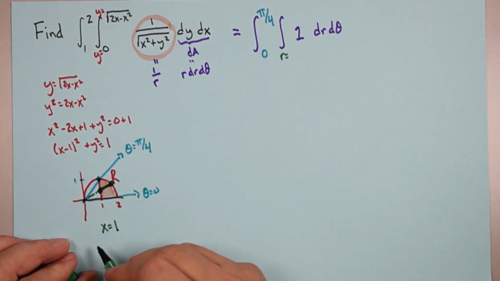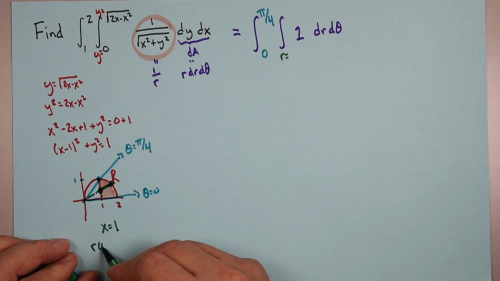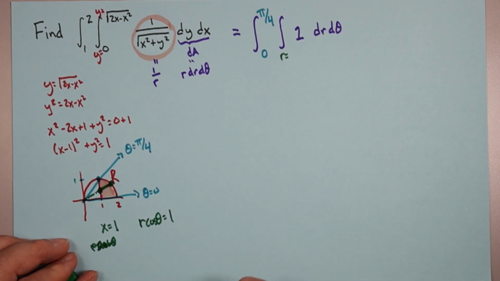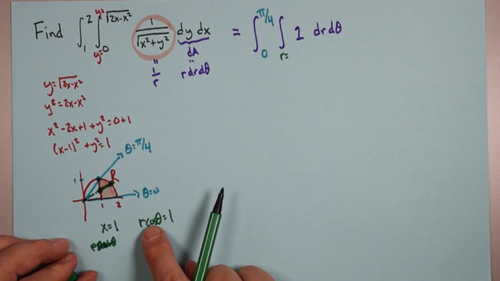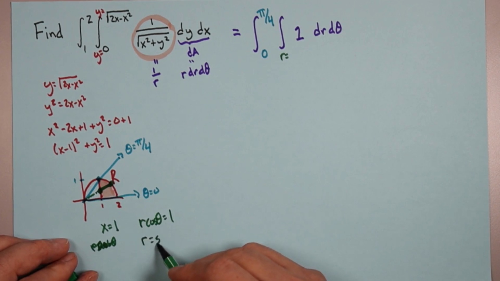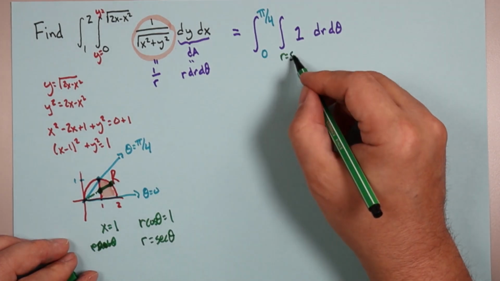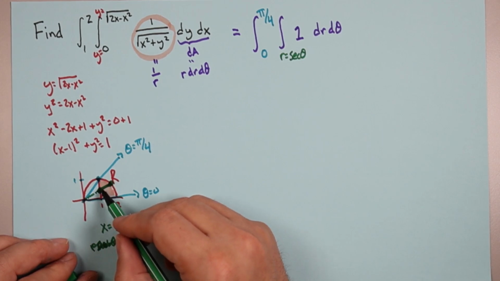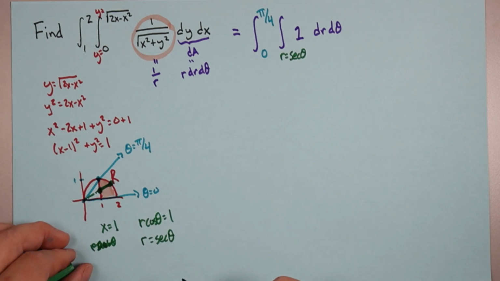And then we remember, x is r cosine theta. So if I want to solve for r, divide by cosine. 1 over cosine becomes secant. So our lower bound, the first curve that we hit coming out, is secant.